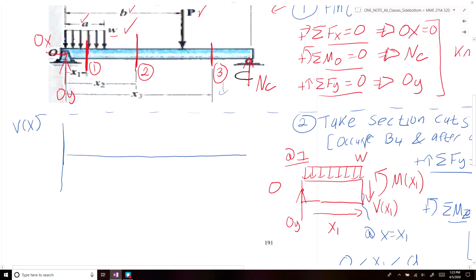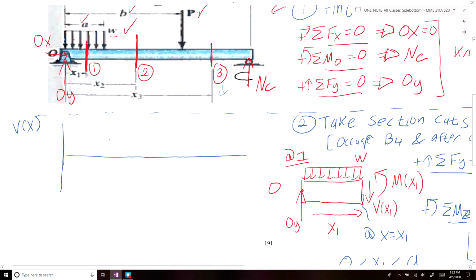All right. So we have three regions. We have region 1. So this is where x1 is in play. The functions that we have as a function of x1 are in play.